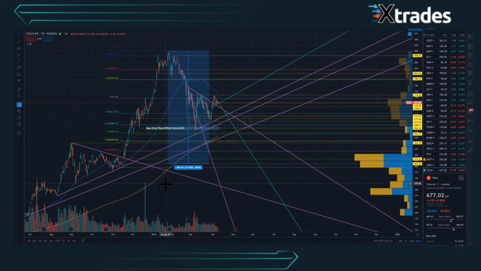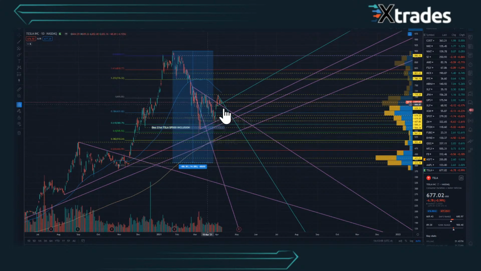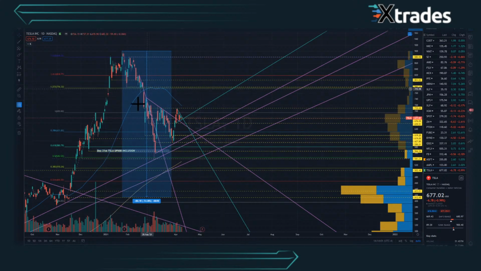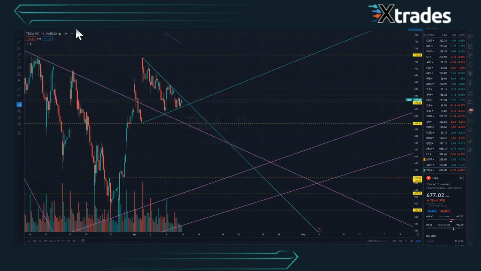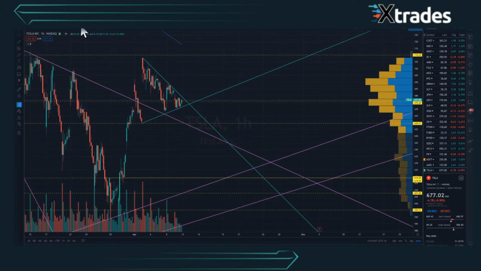This is all ignoring fundamentals and valuation and whatever, which for a stock like Tesla, which has a lot of hype behind it, we're just going to play off the charts and play the technicals, right? So anyways, I'm bullish on it this time, and maybe I'll go bearish.